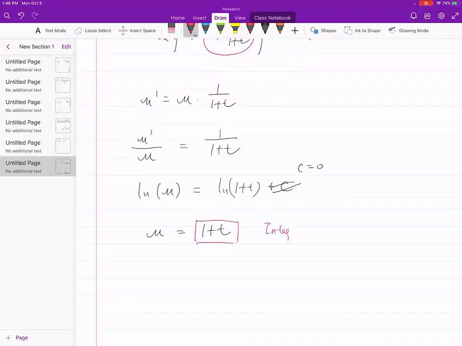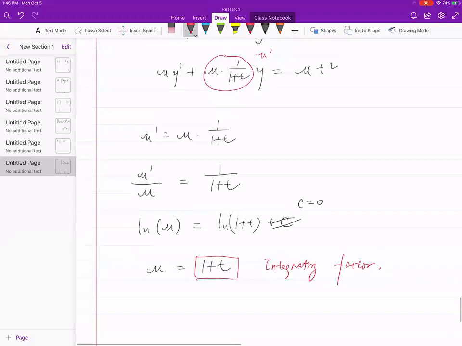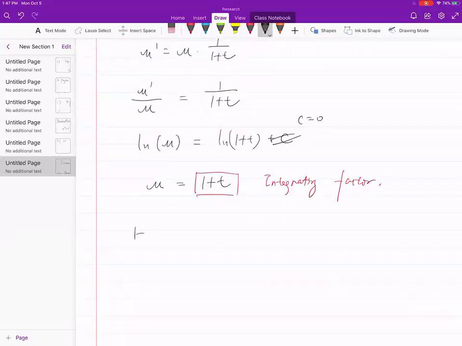Integrating factor. Sounds good? Now multiply this into the original thing. But this time you know what mu is. So (1 plus t) y prime plus (1 plus t) times 1 over 1 plus t y equals (1 plus t) times t squared.